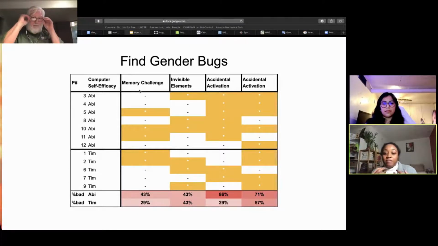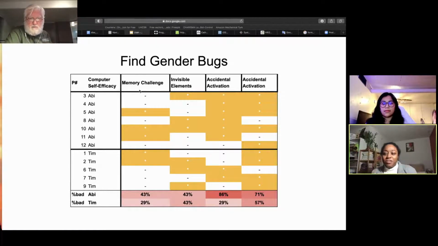Also, there was the invisible element, right? You have this capacitive touch sensor that tells you nothing about whether this is a button or a switch, or whether it is going to move the chair forward or backward. Accidental activation happened a lot for most of the participants, actually, because we were using touch sensors. And with touch sensors, we touch everything.